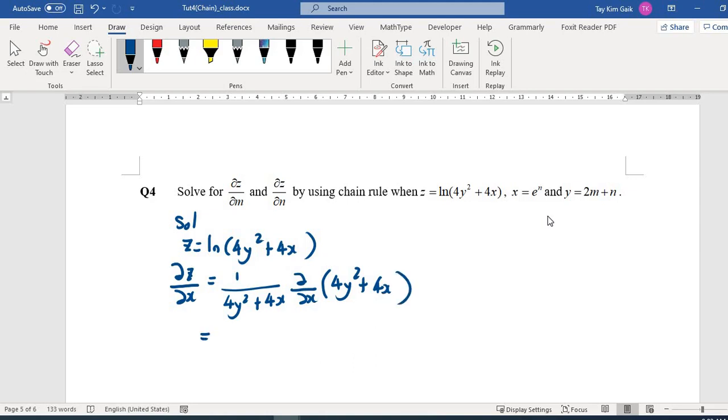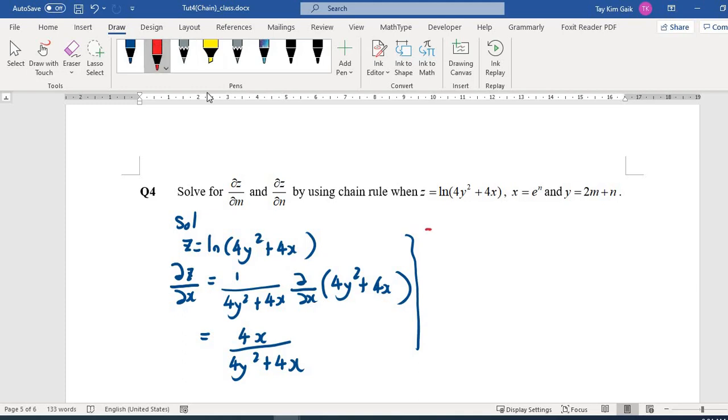Differentiate ln, 1 over u, del x the u. So you have del x of 4y squared plus 4x. You will have, okay, 4x over 4y squared plus 4x.